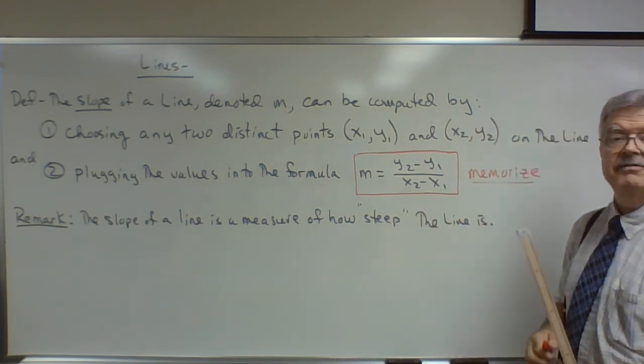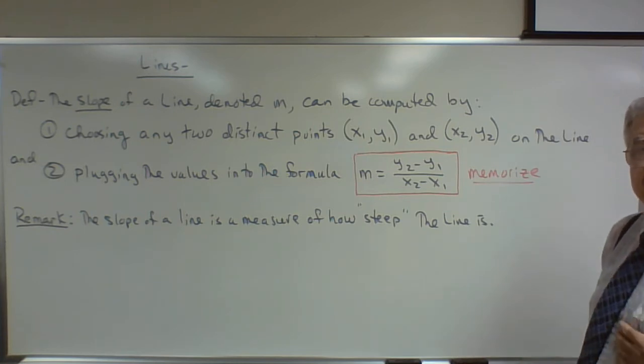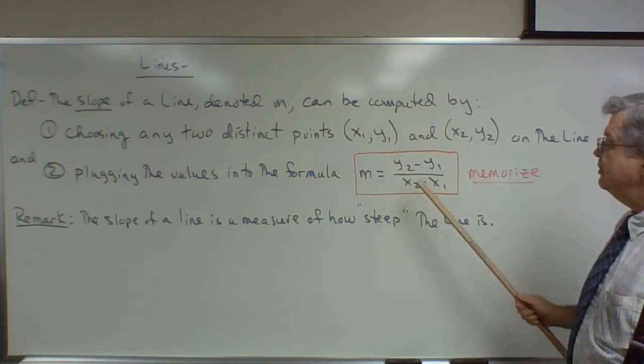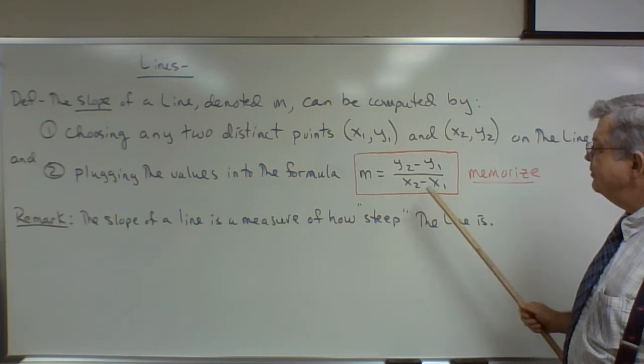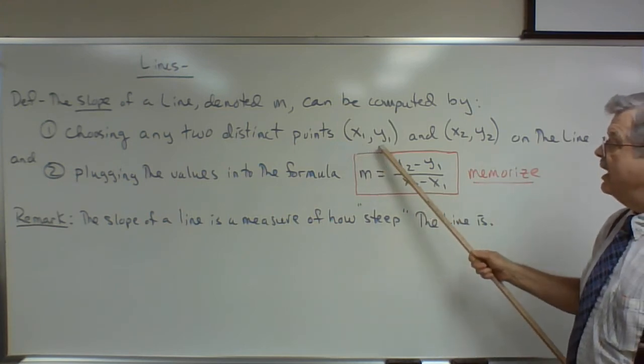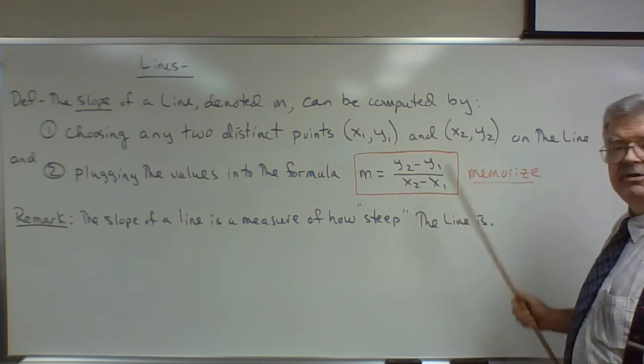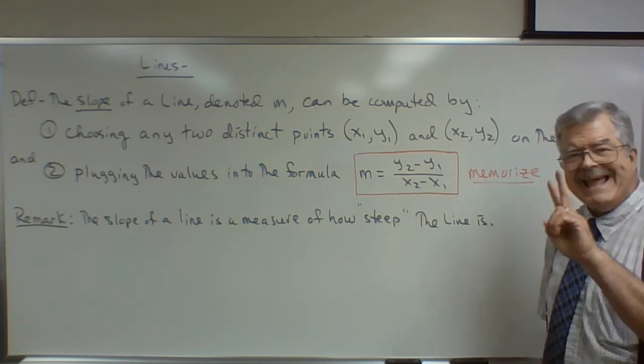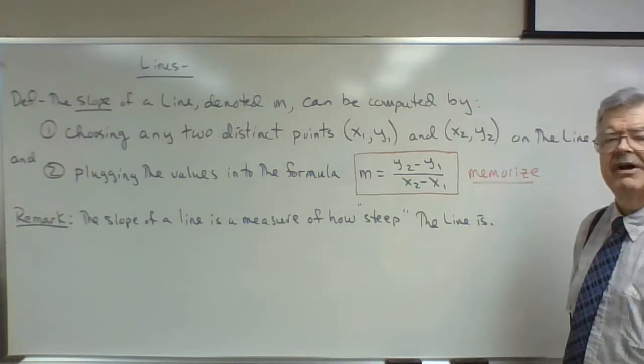Memorize this formula for the slope if you don't have it memorized already. y2 minus y1 over x2 minus x1, where x1, y1, and x2, y2 are the coordinates of any two distinct points on the line.